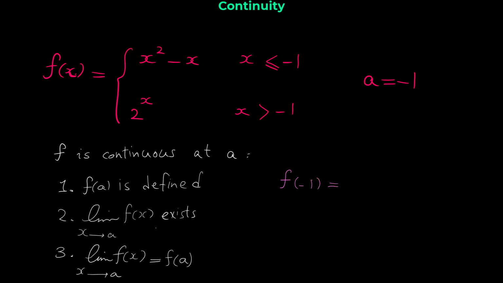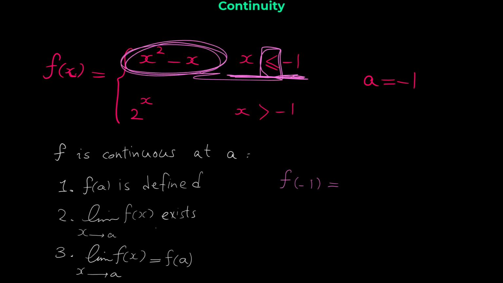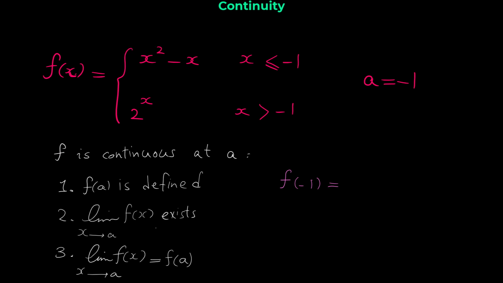If you look at the equations of the function f, when x is less than or equal, attention, or equal to -1, we have to use this rule for function f of x. So for finding f(-1), I am going to use this equation.